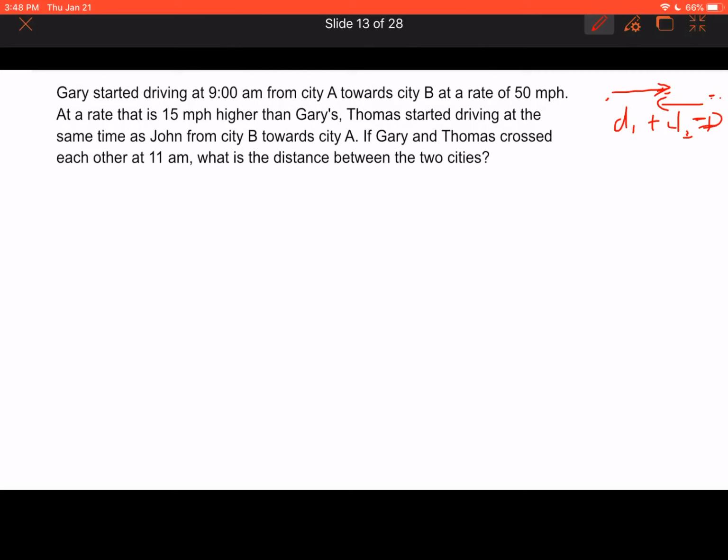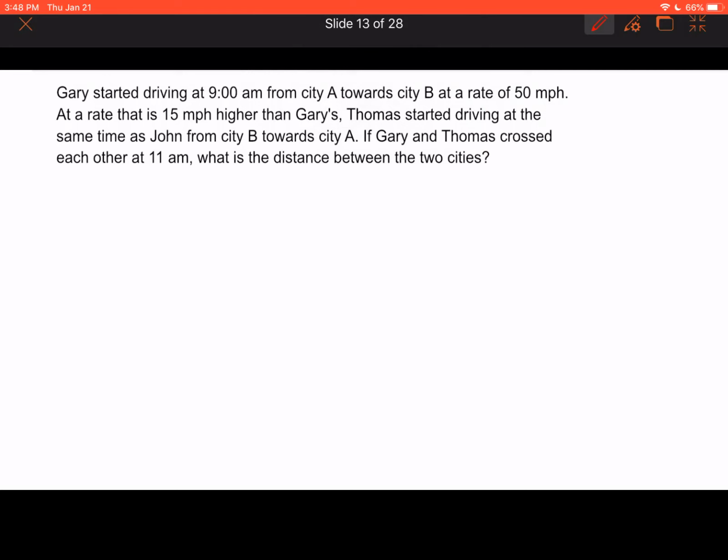In the round trip problems we saw, the distance of A is equivalent to the distance of B. Here they are going to travel towards each other and meet at a certain point. In such a case, D1 and D2 give the total distance traveled. So with this note we will move on to the problem.